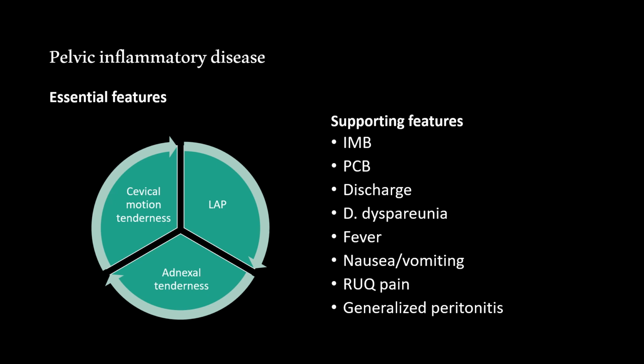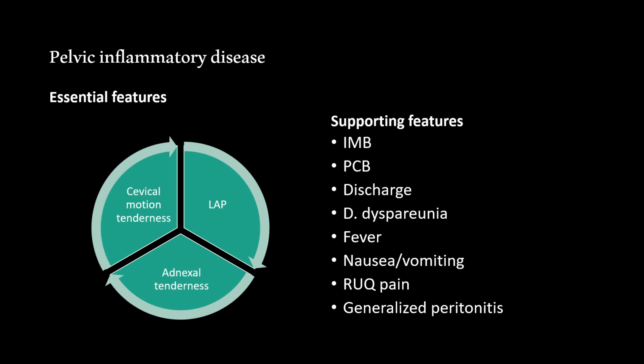The supporting features, in addition to the essential features, are intermenstrual bleeding and postcoital bleeding. Usually, when the cervix is also involved, this shows postcoital bleeding, and in most cases, the organism ascends from the lower genital tract towards the upper genital tract.